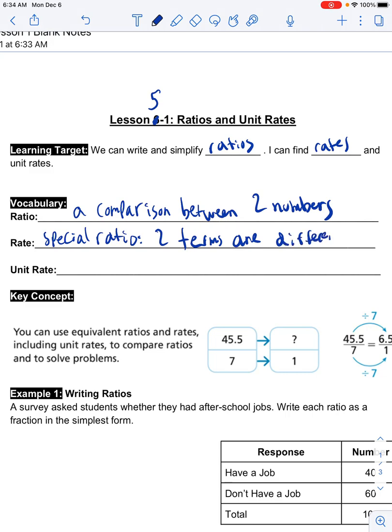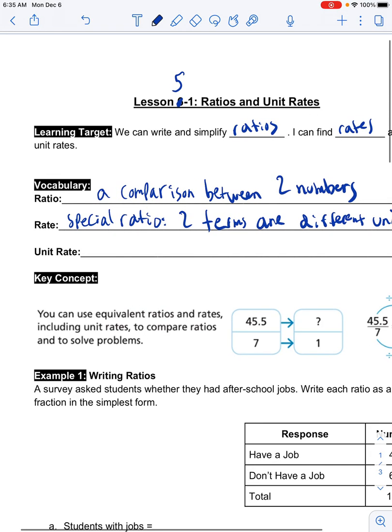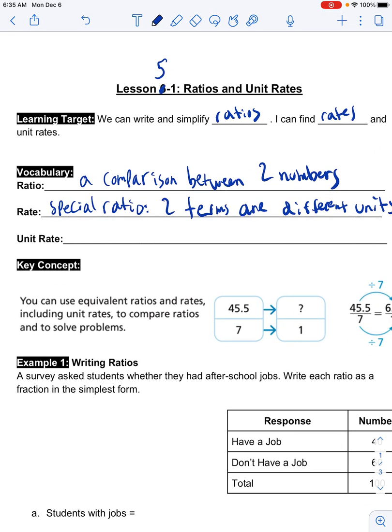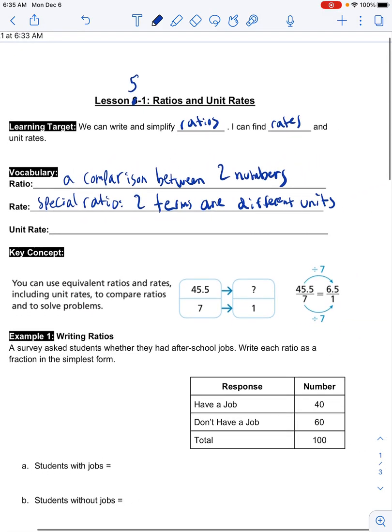And it leads us to our third vocab word, unit rate, which again is our special ratio per one unit. So whereas a rate could be like, I'm going to get 6 cans of pop for $4.99, a unit rate is 1 can of pop costs 57 cents or something like that.